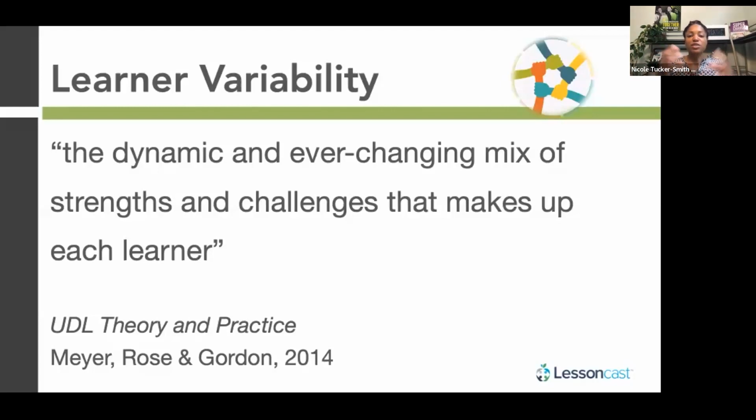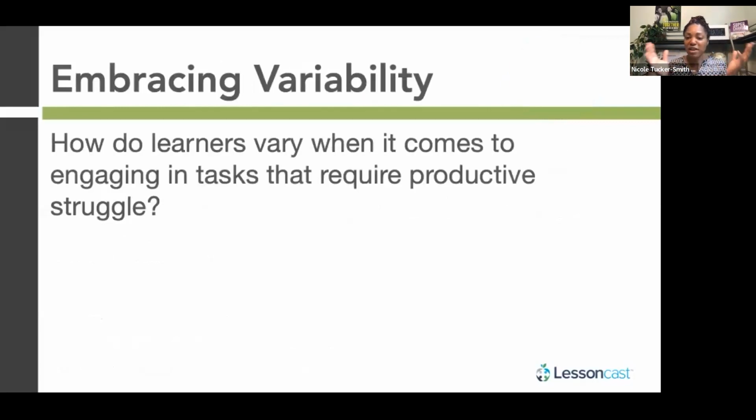So if we are going to embrace learner variability, what that means is we have to think about, with respect to productive struggle, because we're thinking about that context of productive struggle in math, take a moment now to think about how do learners vary when it comes to engaging in tasks that require productive struggle. And I'm going to go ahead and share with you, because many of you said this in the chat already when we were talking about barriers.